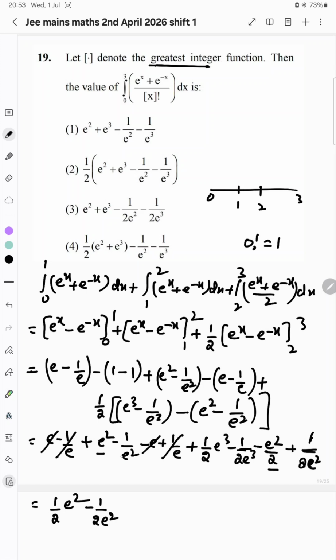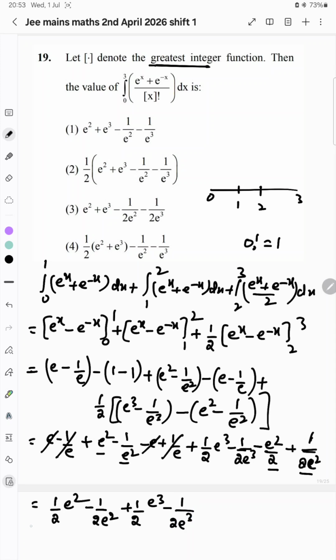Next, these are over, the remaining terms are the e^3 terms. See now here 1/2 e^3 minus 1/(2e^3) is there, like this it is there overall, right?